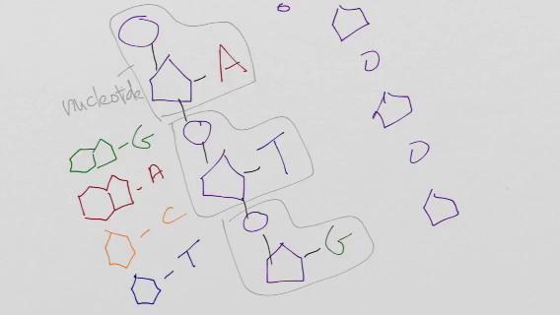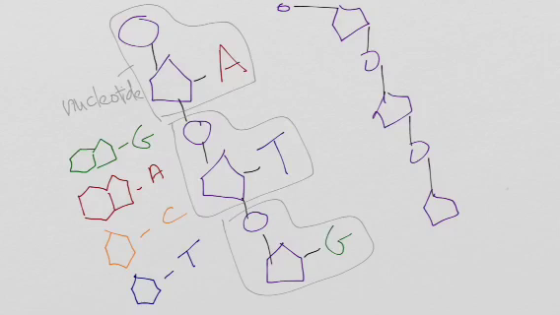So here's our phosphate sugar on the other side. And I mean, sure, I haven't drawn this to scale, whatever, that's fine. For the purpose of explaining DNA to you, I'll forgo that. So if I have a guanine on one side, what has to be on the other side? A cytosine has to be on the other side.